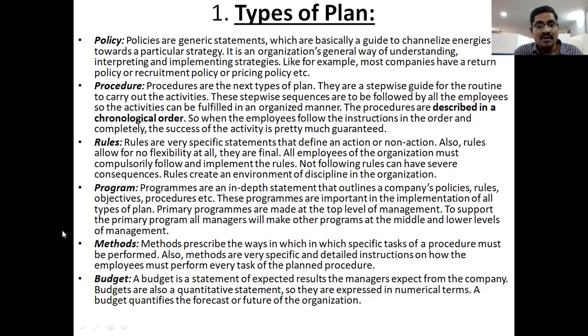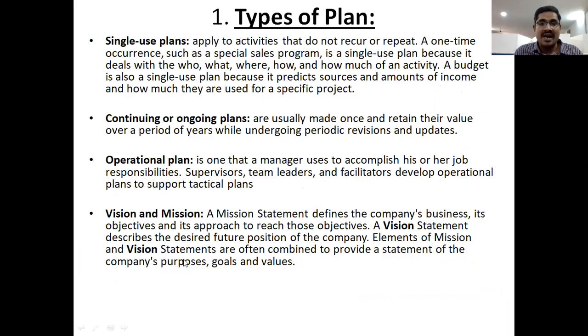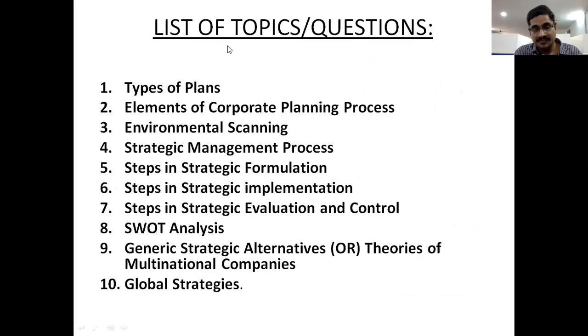And next, methods and techniques: what way we need to do the processes and the works. And budget: the amount, how much amount we need to allocate and how much we need to expect for doing all those business activities. That is budget. So these are the plans, and this is about strategies.